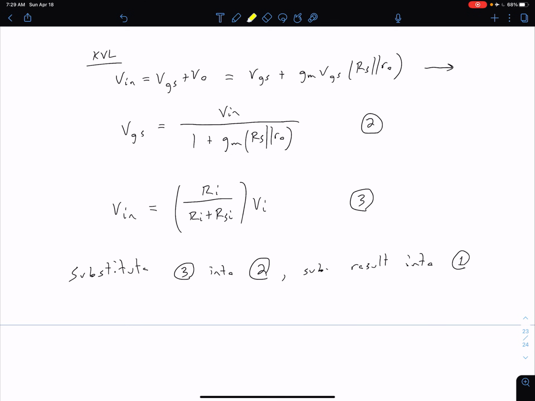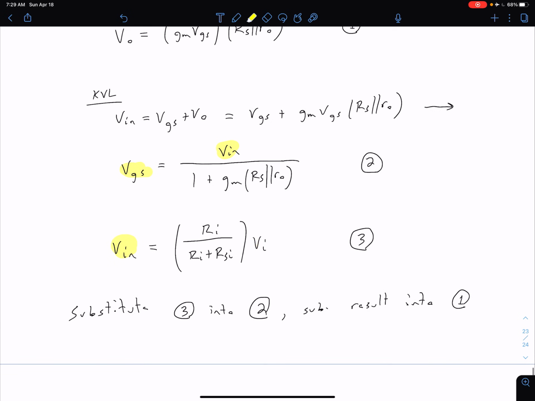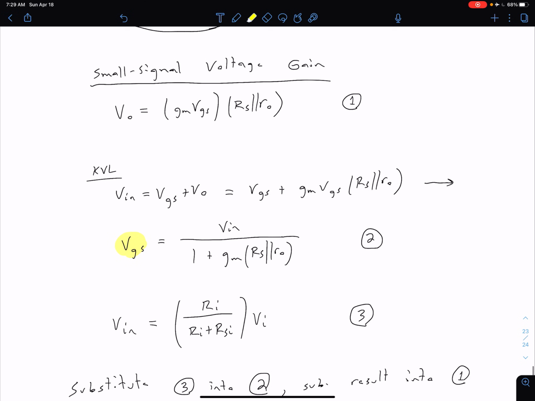So we're going to take this expression for V_in and put it here, such that we have V_GS in terms of V_I and some resistors and g_m. And then once we have that V_GS expression, we're going to substitute that into our first equation. So then we're going to have V_out, and ultimately we're going to have this V_in that tracks through all of those substitutions.